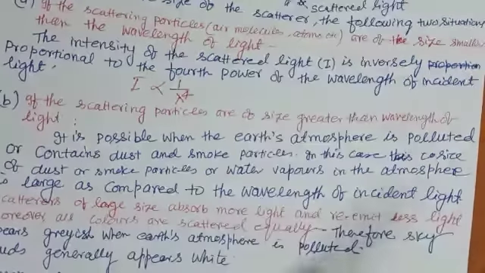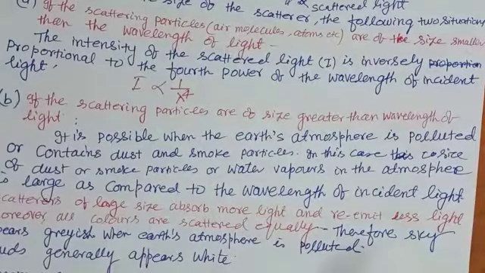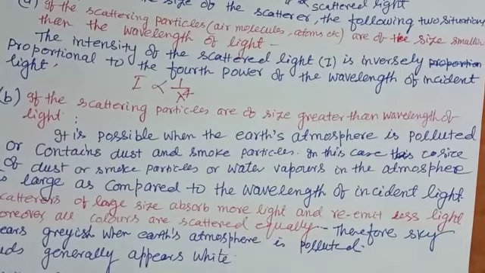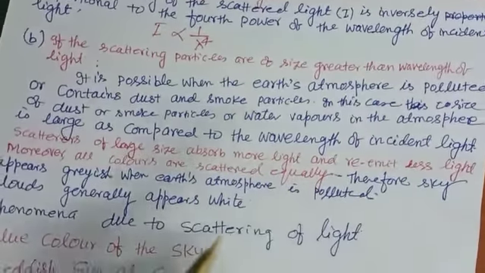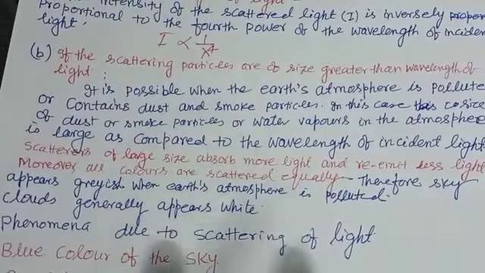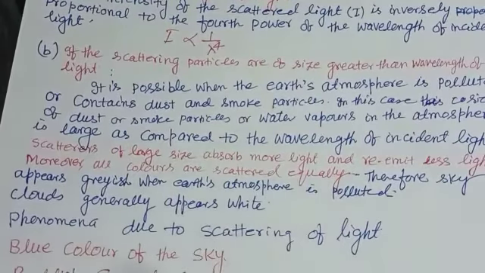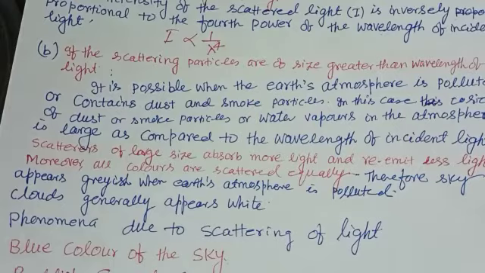There are some important phenomena which occur due to the scattering of light. First is the blue color of the sky. When light from the sun enters the earth's atmosphere, the scattering of different colors takes place due to interaction with a large number of very small particles in the atmosphere.